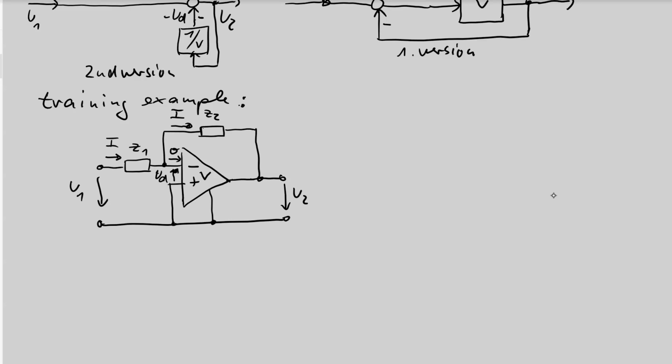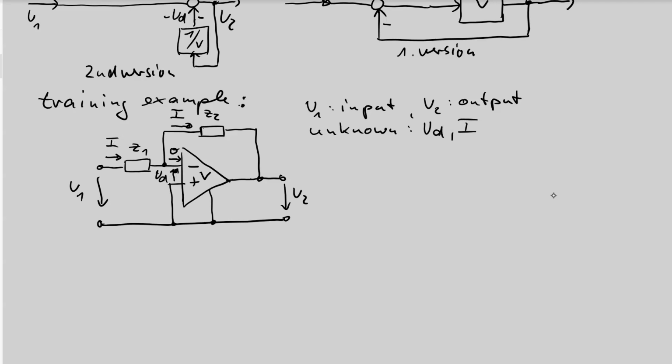And we have equations. How many equations do we need? First, U1 is input, no other chance. U2 is output. We need at least one equation for the connection of U2 with U1, and we have unknowns: UD is unknown, and I is unknown.